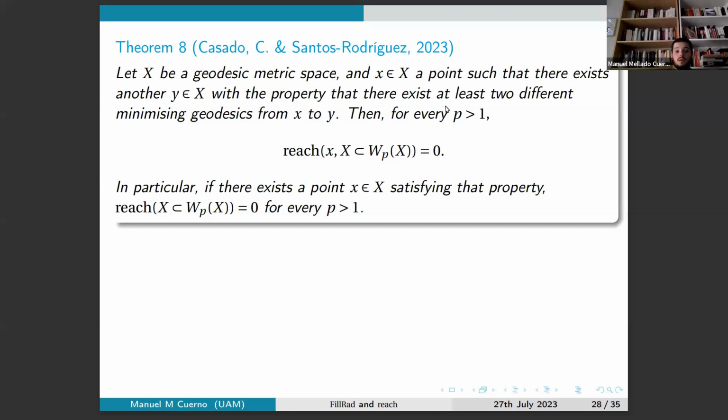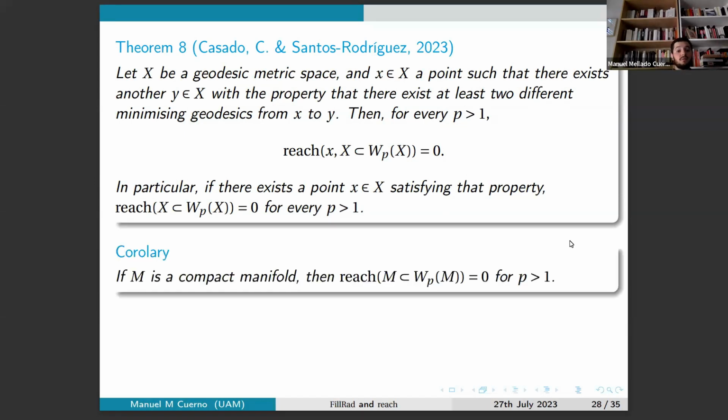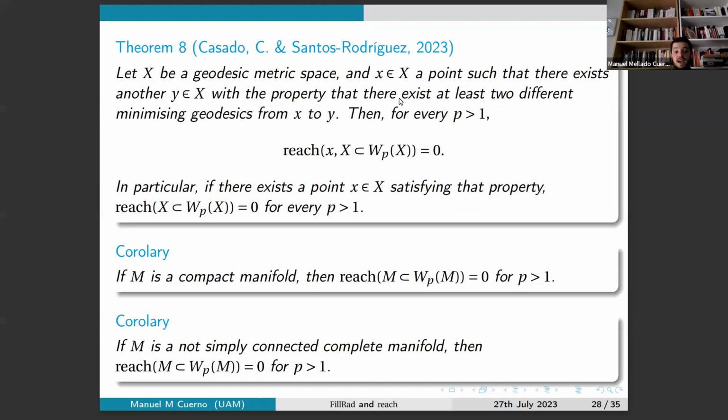So, which spaces hold this property? We have a lot of examples. If M is a compact manifold, then this manifold holds this property. If M is a complete, not simply connected manifold, then we have the same property.